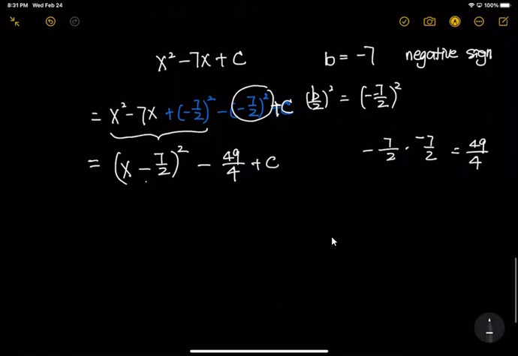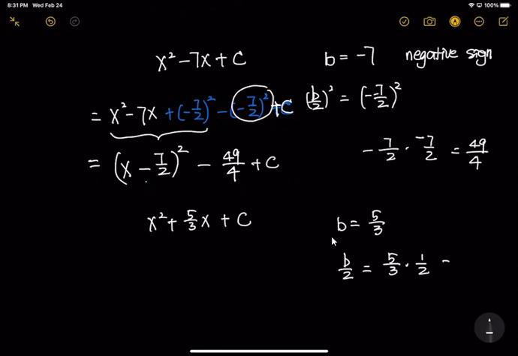Okay, let's do a fraction one. x squared plus 5/3 x plus a constant c. Okay, so b is equal to what? Our b is equal to 5/3. So b over 2 is equal to what? 5/3 times 1/2, which is 5/6.